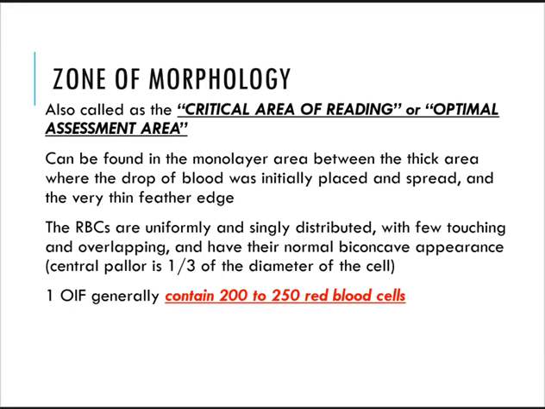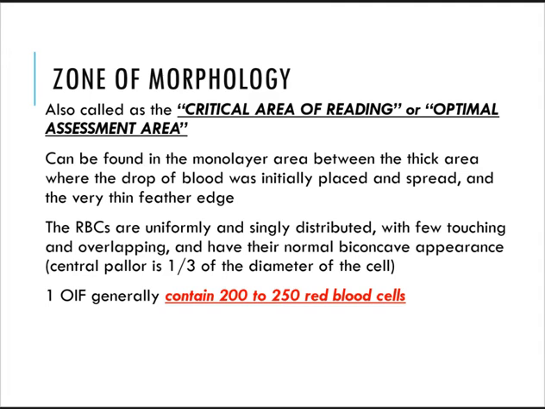And as you can see, what you have to take note of first, guys, are your RBCs. They are uniformly and singly distributed, as I think you have already seen in the pictures, with few touching or overlapping, and have their normal biconcave appearance.